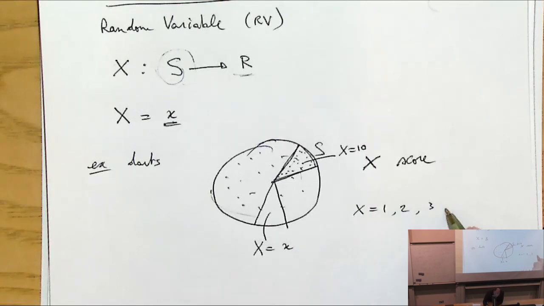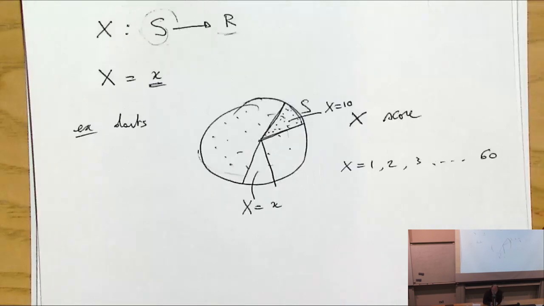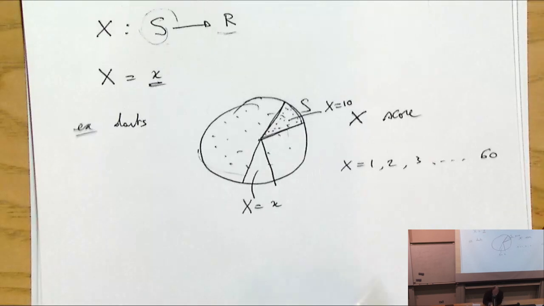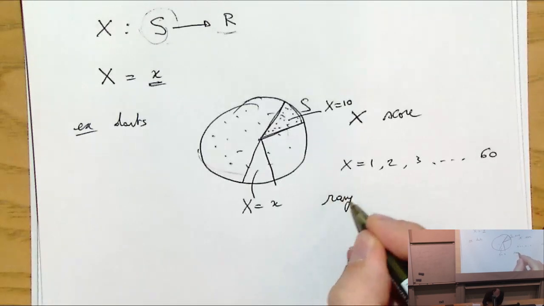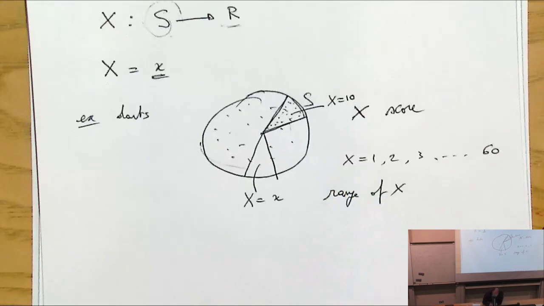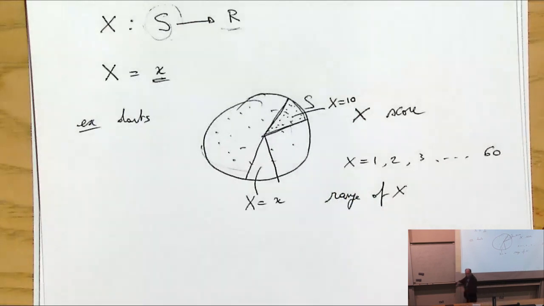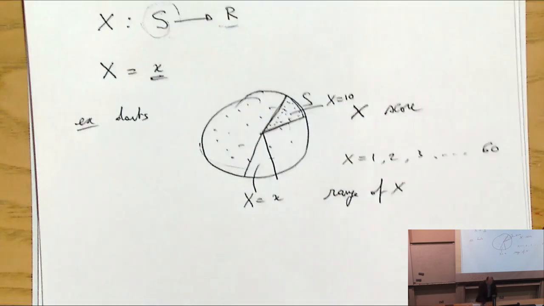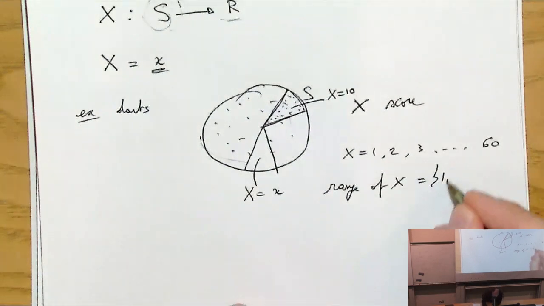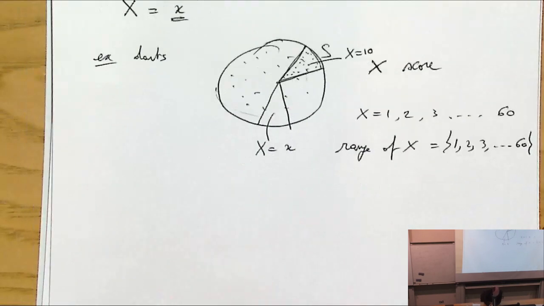You can have 3. You can have all the way to, I think, 60. So the range of X is essentially the set of all possible values that this random variable can take. The range of X in this example is 1, 2, 3, all the way to 60.